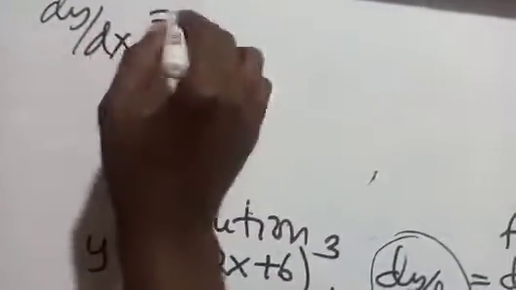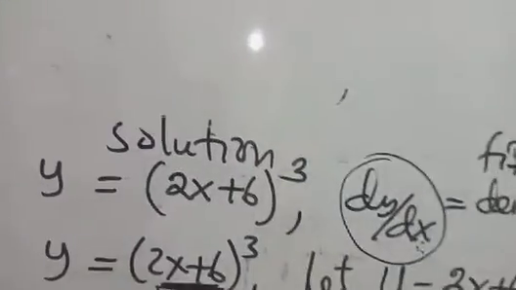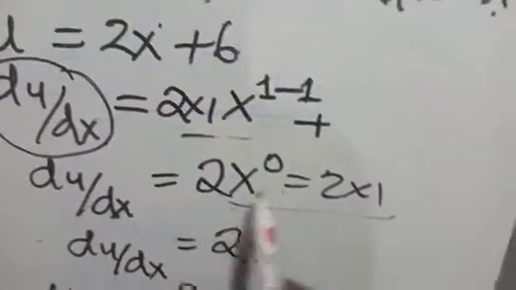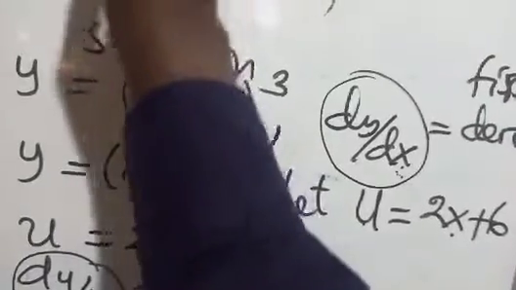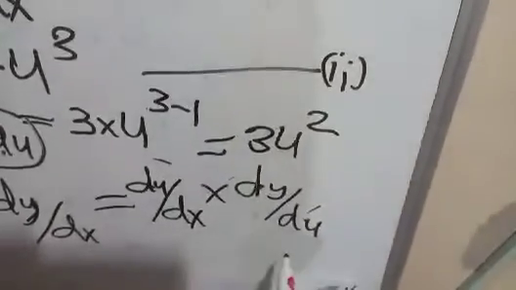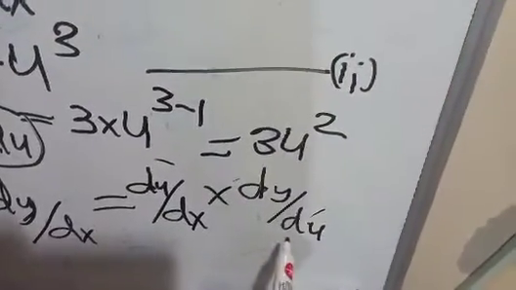We will say dy/dx is equal to du/dx. We got du/dx, the value was 2. So we will take 2 times dy/du, the derivative of y with respect to u.